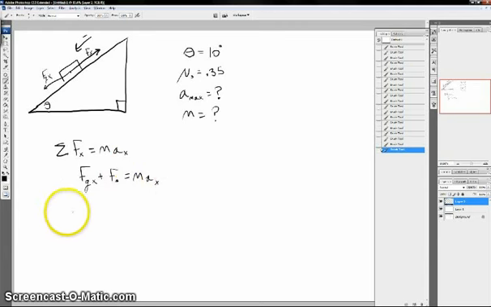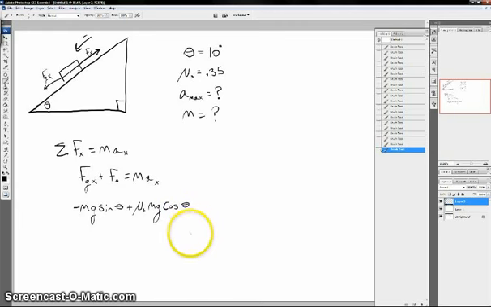I can write all of this out and say that the force of gravity in the x direction is actually negative, so that'll be negative mass times gravity times the sine of theta. Remember, on an inclined plane, the x component of gravity is sine of theta. And then the static frictional force is going to be the static coefficient of friction times the normal force, mass times gravity, but times cosine theta.